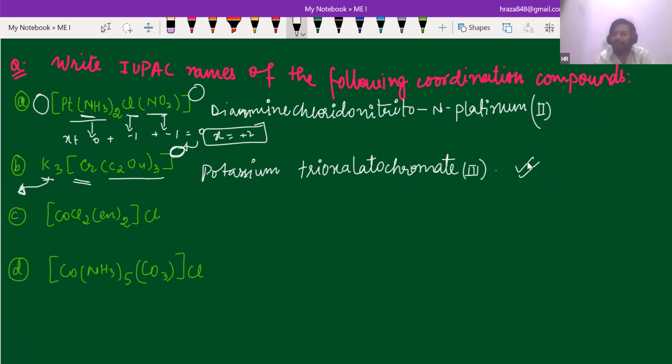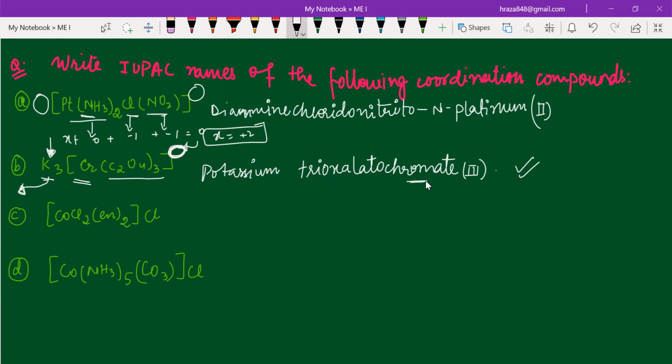Whenever there is directly negative charge, or if there is any positive counter ion, there will be indirectly negative charge on this, and that's why the name of the ligand ends with O. Is that clear? Yes, sir.